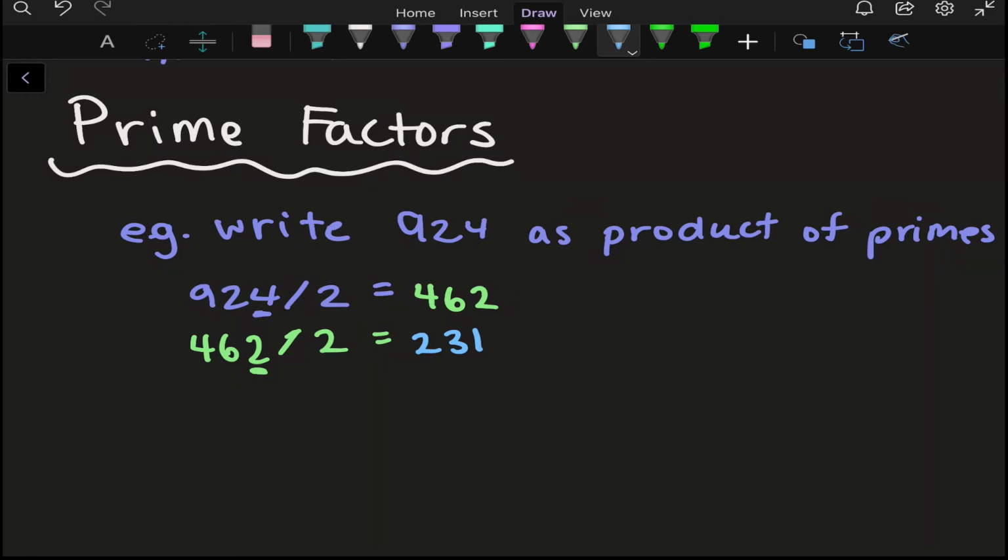So we know that, taking a sidebar, 3 times 7 is equal to 21, and since 231 ends in a 1, we can try dividing it by 3.